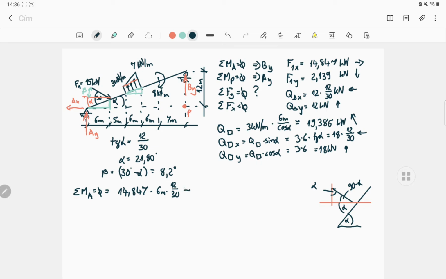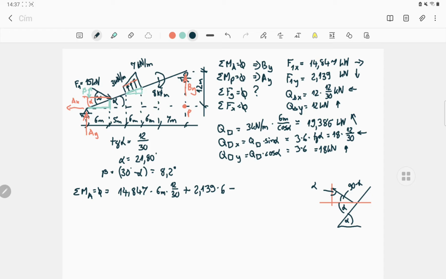Okay, let's see the next one. The Y component is 2.139 times, and the distance is just 6. Let's see the rectangular load, and the rectangular X is going to the left side, so that goes anti-clockwise rotation.